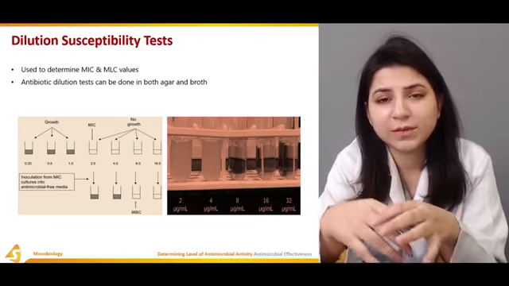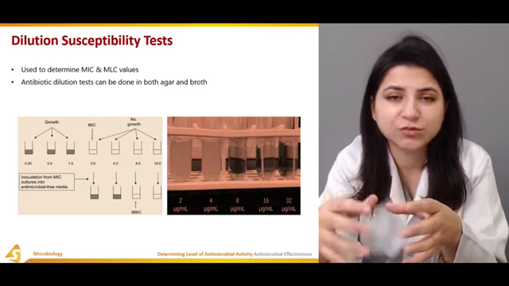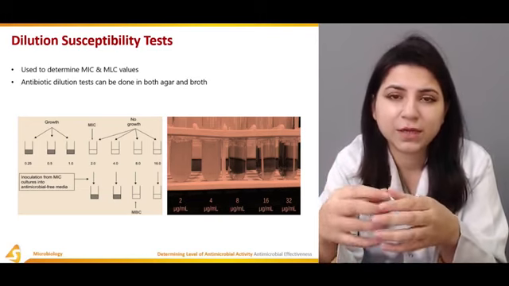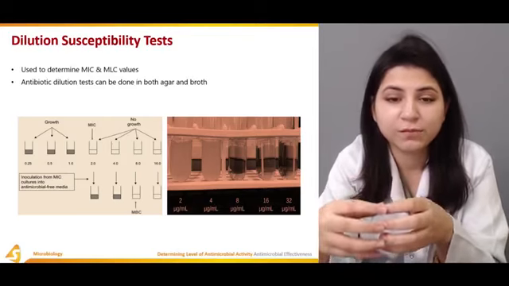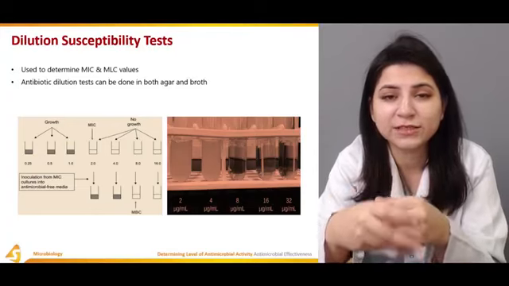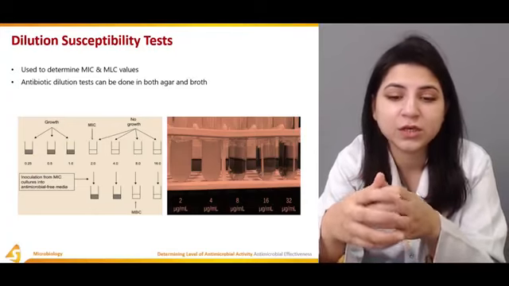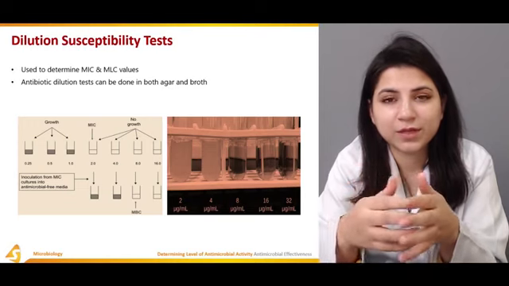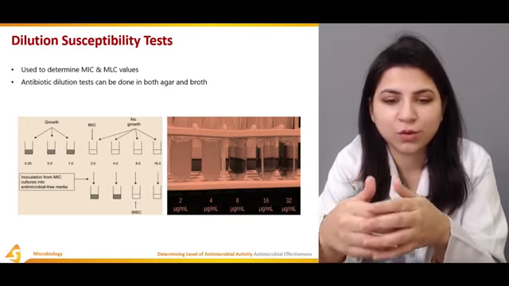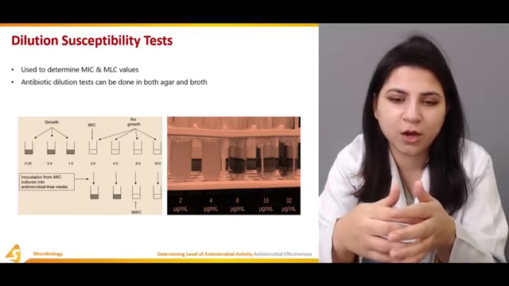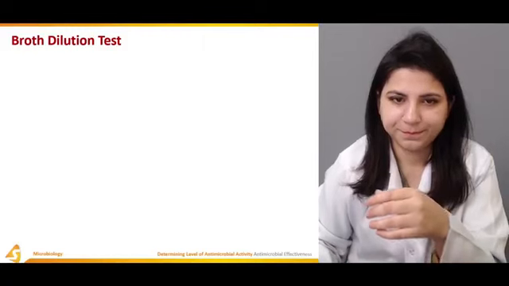So to determine the minimum bactericidal concentration, we take an inoculum from the MIC and inoculate it in a broth that is free of any antimicrobial agent, to see whether there is growth or not, and beyond which point the growth is stopped.